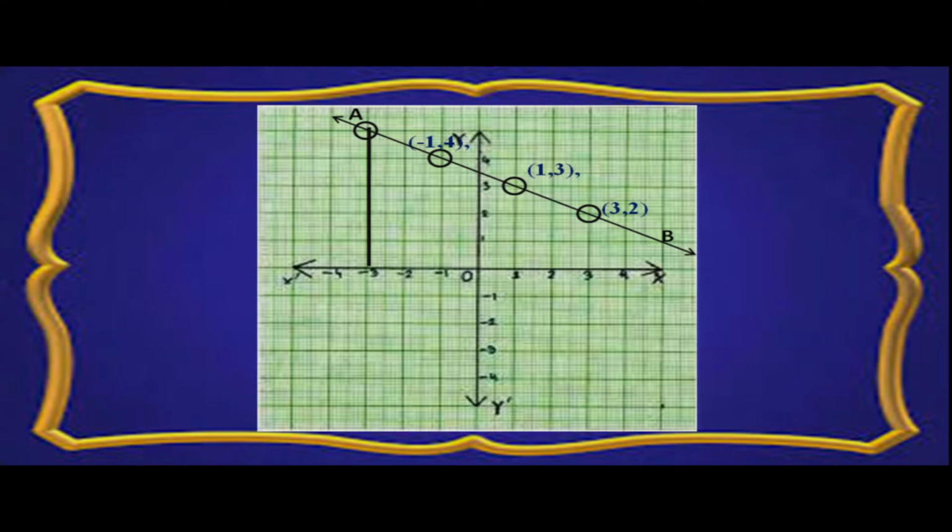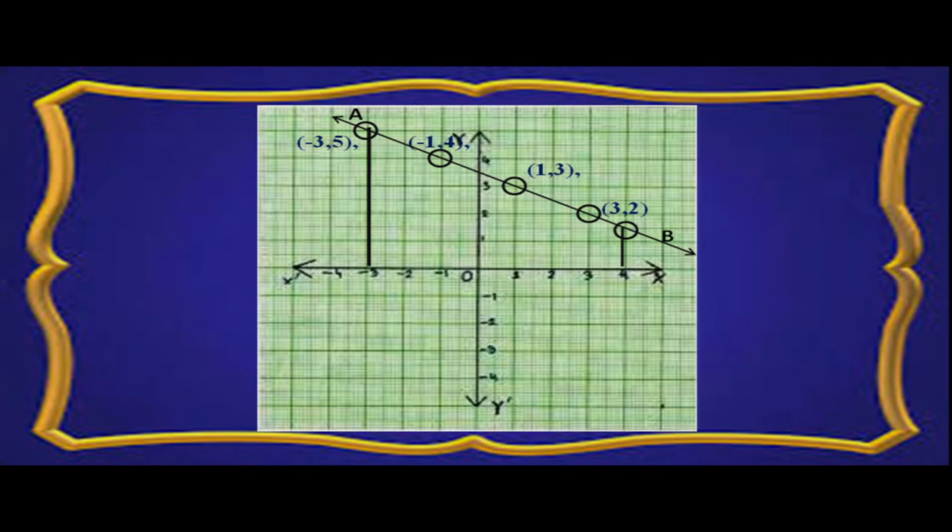From that point, if we count 1 centimeter to 1 centimeter upward, we can see that the y coordinate is 5. So the coordinates of this point are (minus 3, 5). Let's have a look at another point. Here, what is the coordinate of this point?